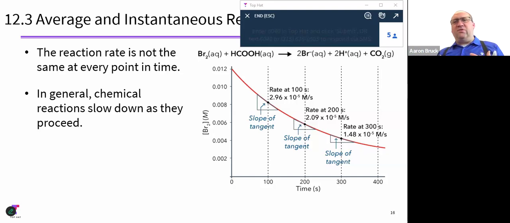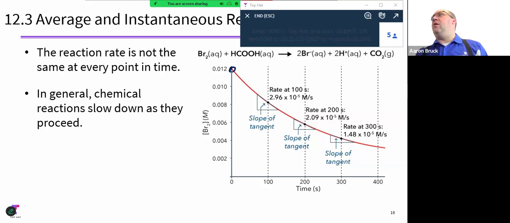And what we're going to get into tomorrow is we're going to actually look at instantaneous rates here at the very moment where the reaction begins. Now, why here? Because at that moment, the reaction is actually going to proceed the most quickly.